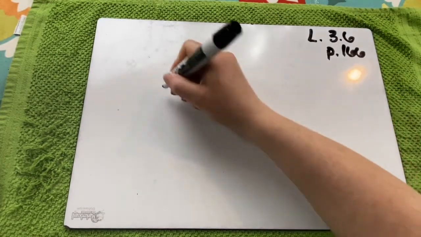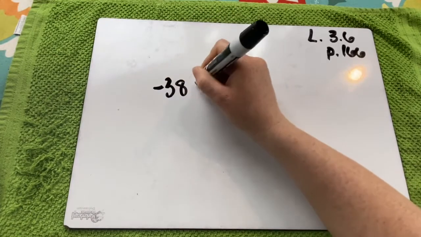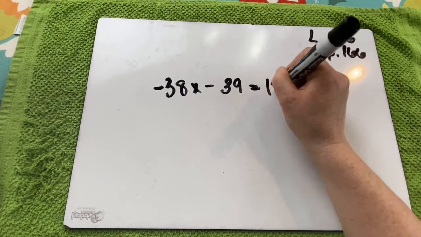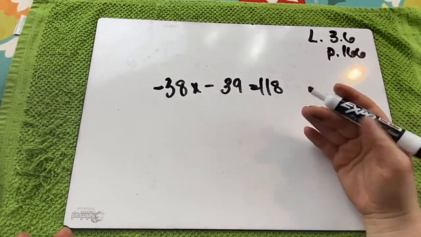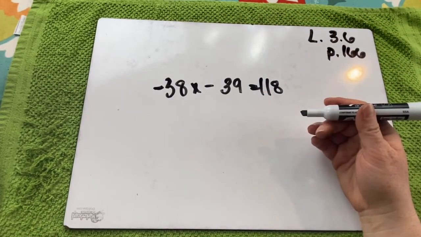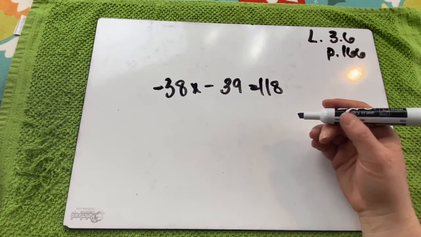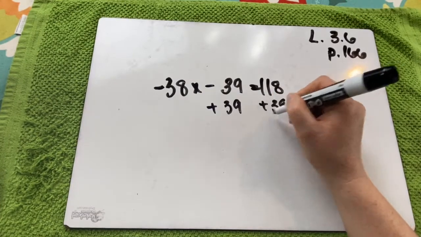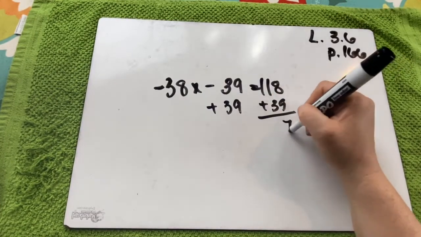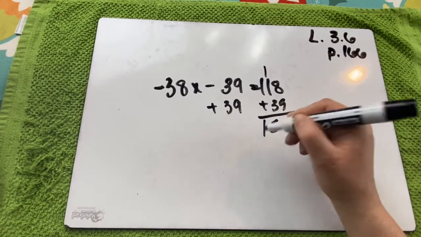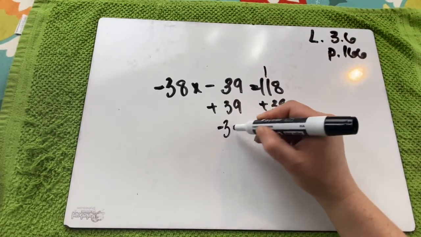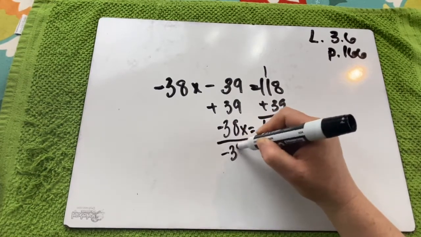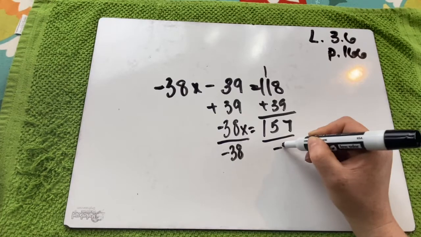Okay, here we go. Negative 38x minus 39 equals 118. So using your calculator on this is not going to help you. So you need to get it to the dividing part. Okay, so I'm going to plus 39, plus 39. If you want to use your calculator for that, you could. 157, so negative 38x equals that. So dividing by negative 38, divide by negative 38.